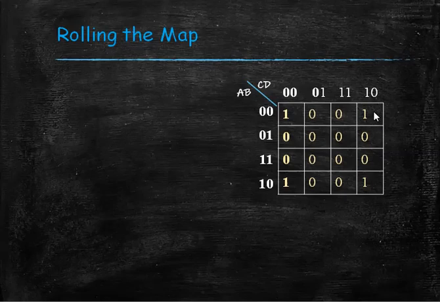Then these form a pair, these also form a pair. These four form two pairs. When we roll the map left to right, these ones must be adjacent and this one must be adjacent.